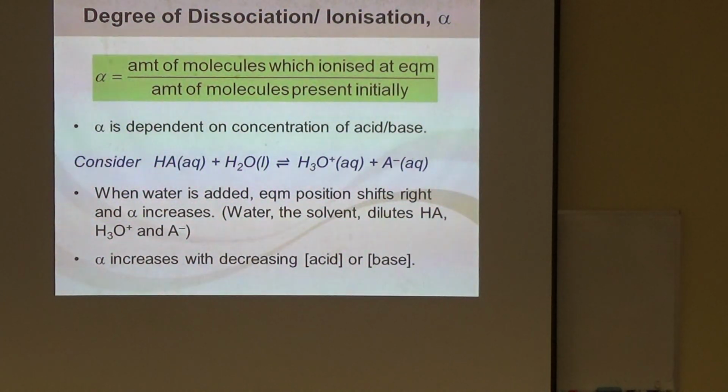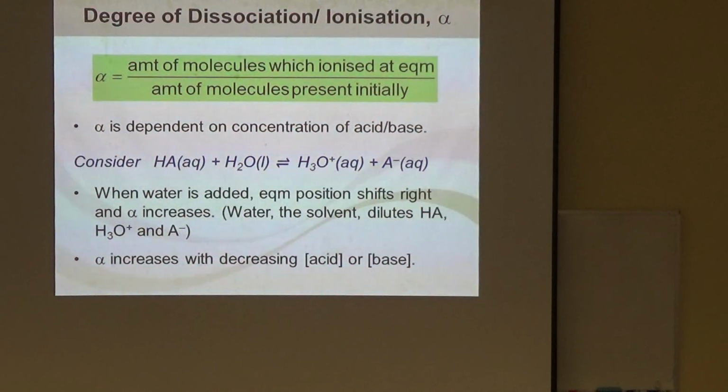So take a look at this if you want to understand why it's dependent on the concentration. Because it's an equilibrium, focus here on the water. Remember what I said about the weak acid: most of it is not dissociated.